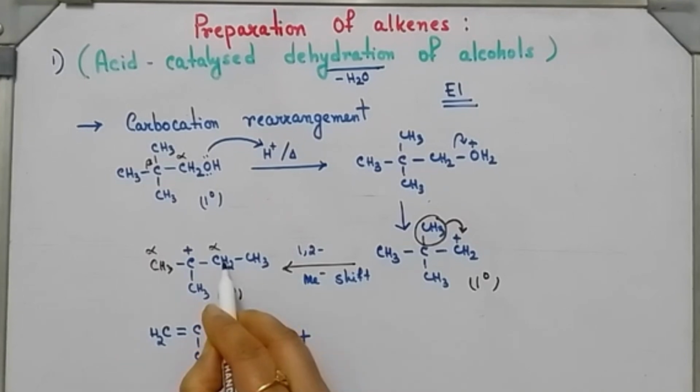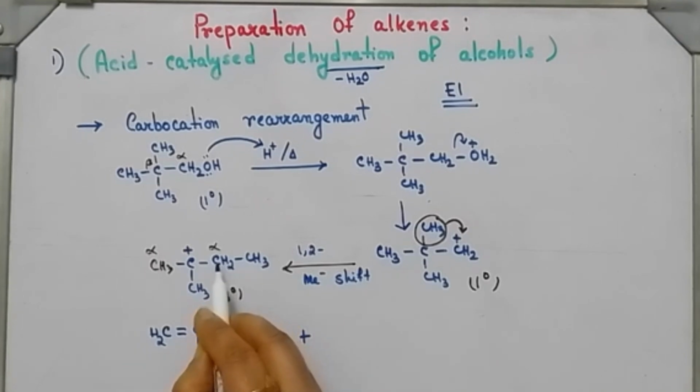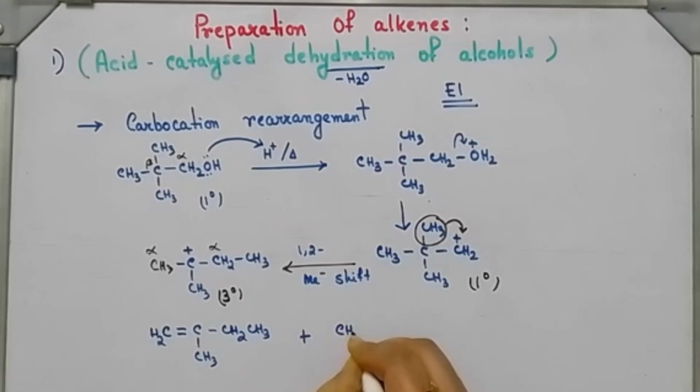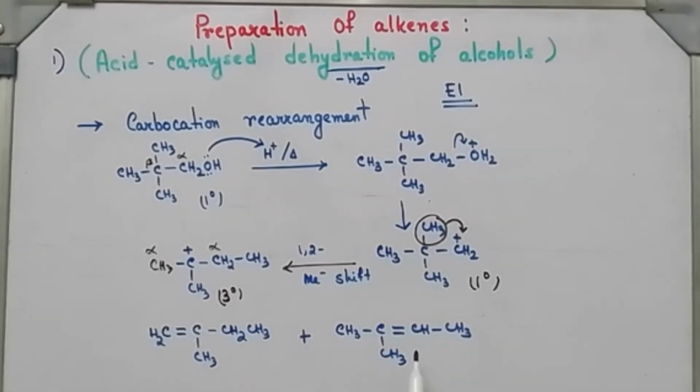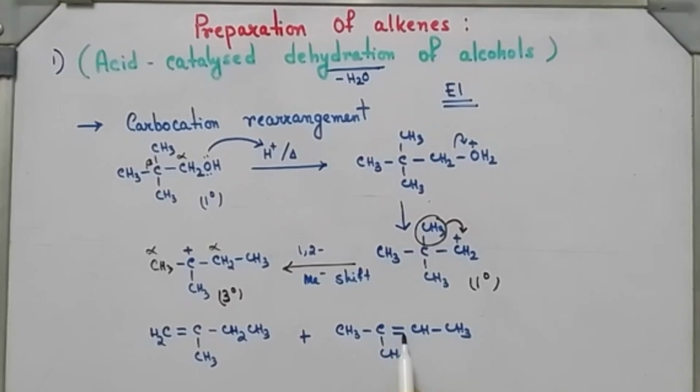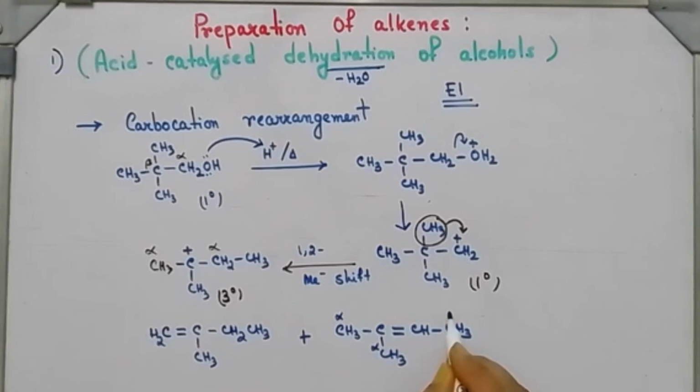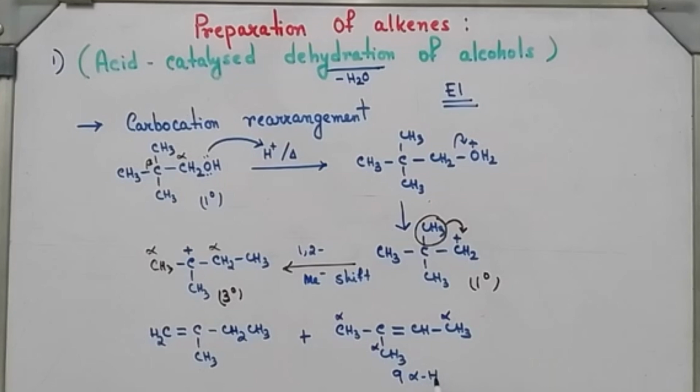And if hydrogen goes from this carbon, we will get this alkene. So with respect to this carbon-carbon double bond, this is alpha carbon, this is alpha carbon, this is alpha carbon. So how many alpha hydrogens are there? 9 alpha hydrogens are there.